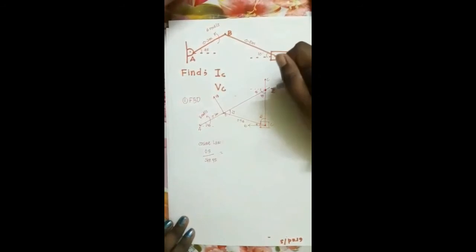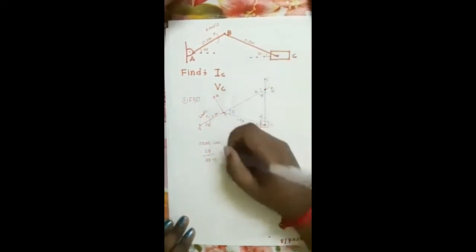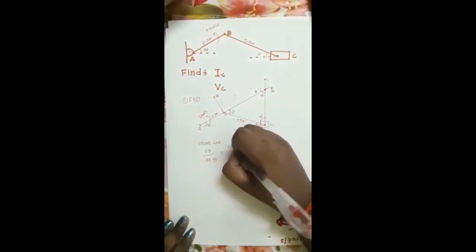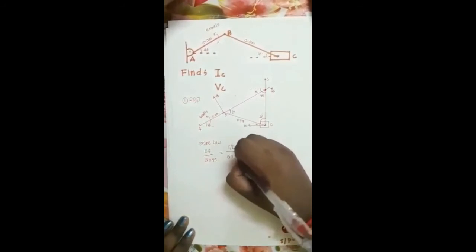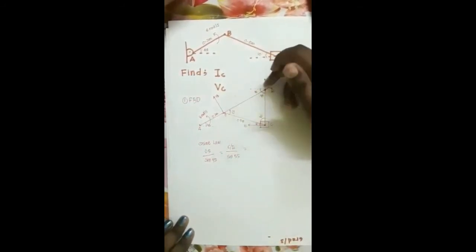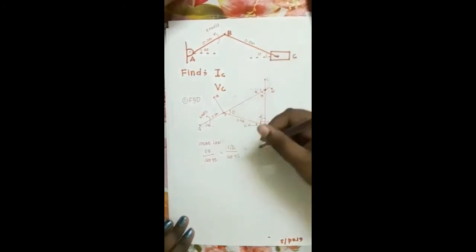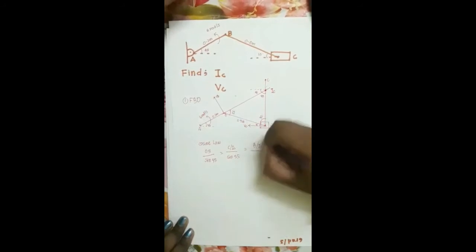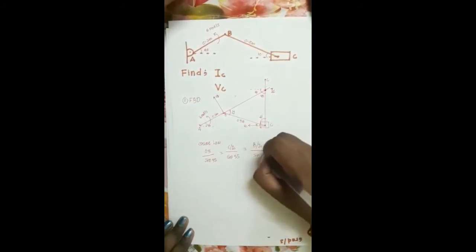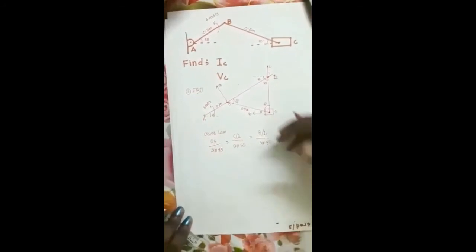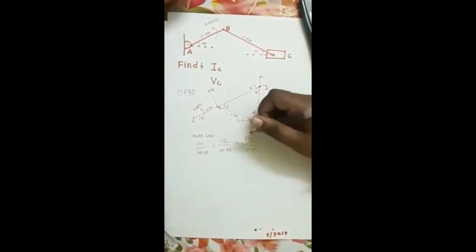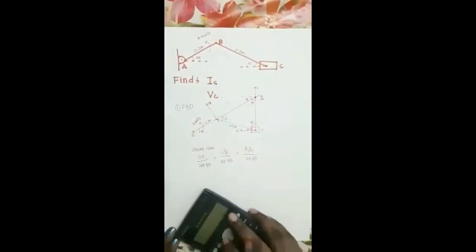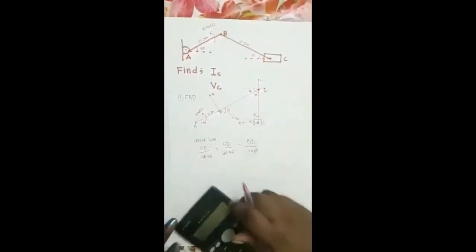From C to IC, the opposite angle is sine 55. B to IC, the opposite angle is 80. By shifting the formula, we can get the length of CIC and BIC. Okay, firstly, find out the length of CIC.